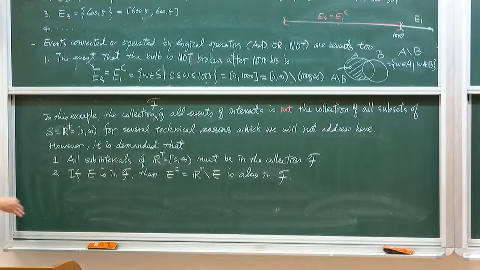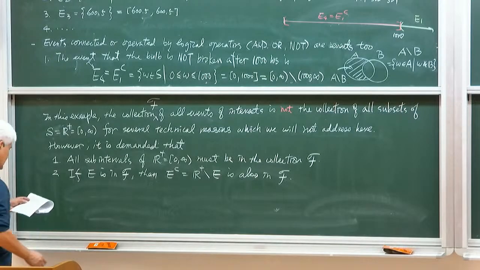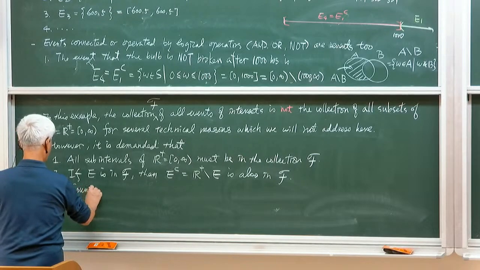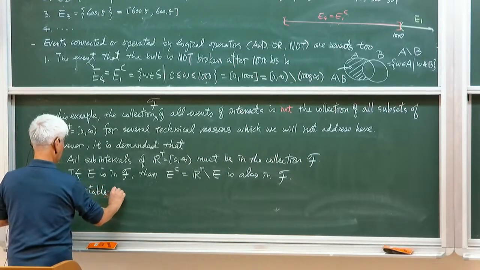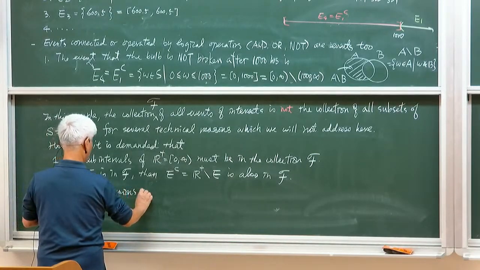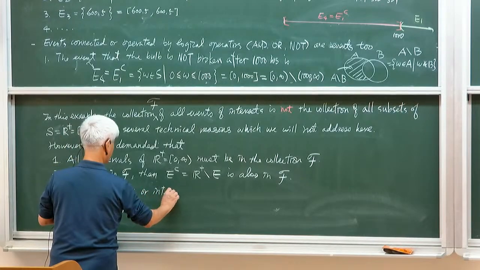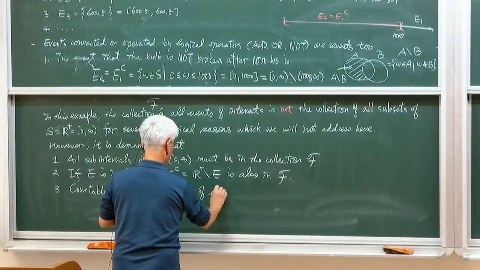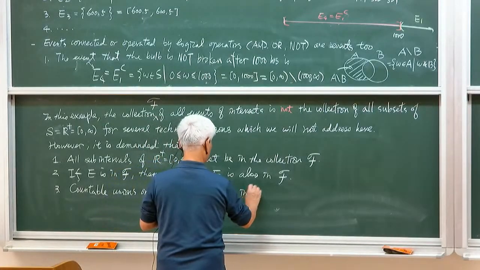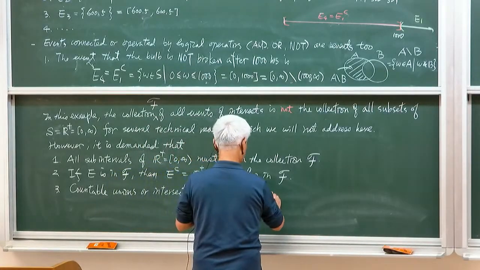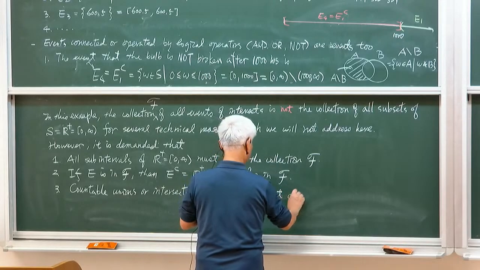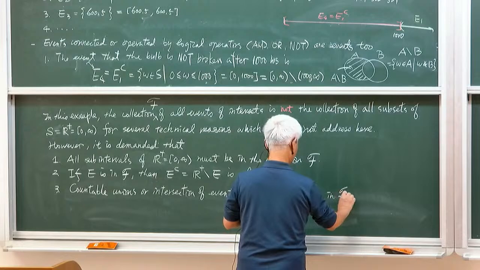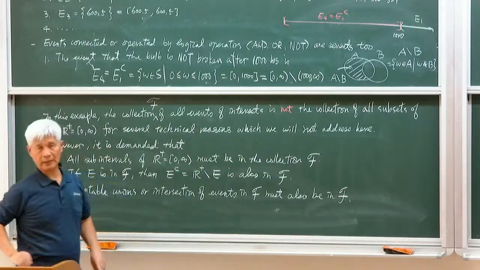Because we usually want to do logical operations. And the third one: countable unions or countable intersections of events in F must also be in F.